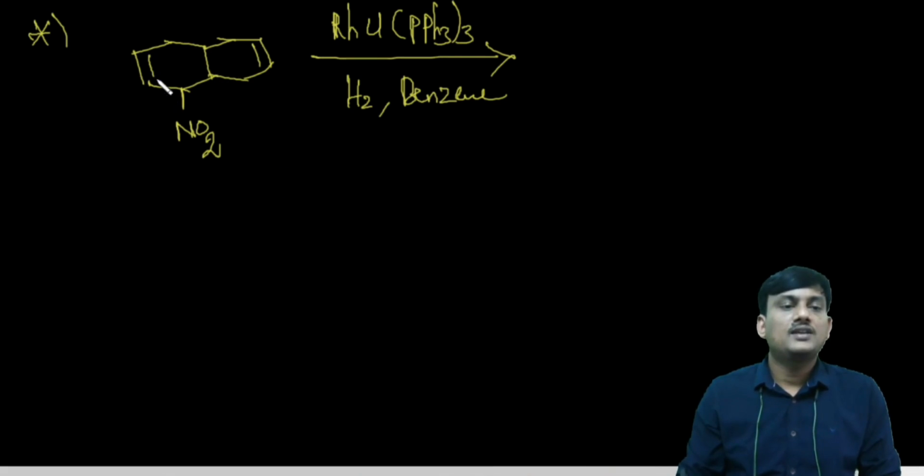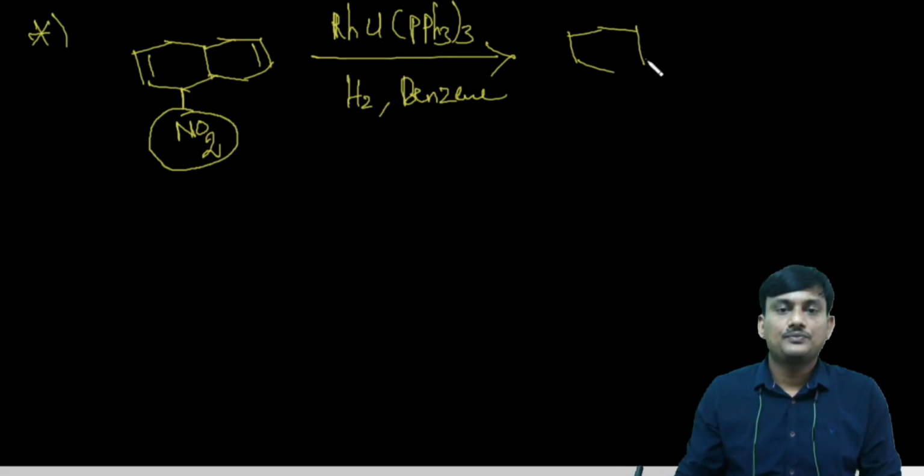If the molecule contains two rings and each ring contains a double bond, and one of the rings is attached with electron withdrawing groups such as NO2 or CN, the double bond in the ring attached with the electron withdrawing group will be reduced in homogeneous catalytic hydrogenation.